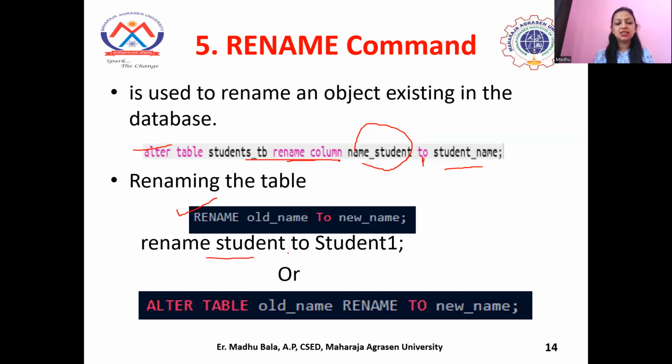In this way, we can change the name of the table from the old name to the new name. Or you can use it along with the alter command, like alter, then table, old name of the table, rename to new name. So these are two different ways of using rename command to rename the existing table to some new name.